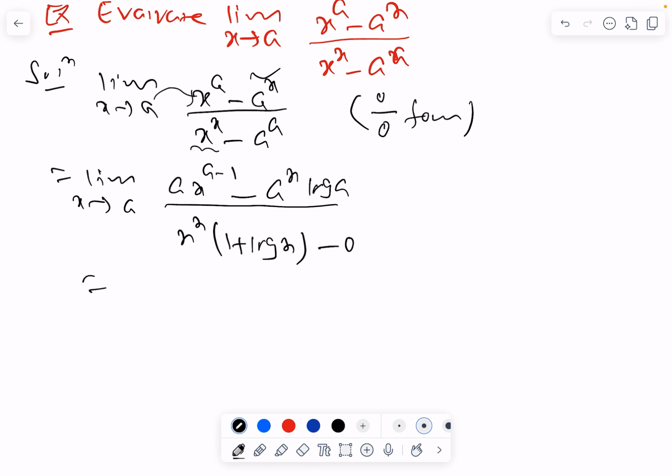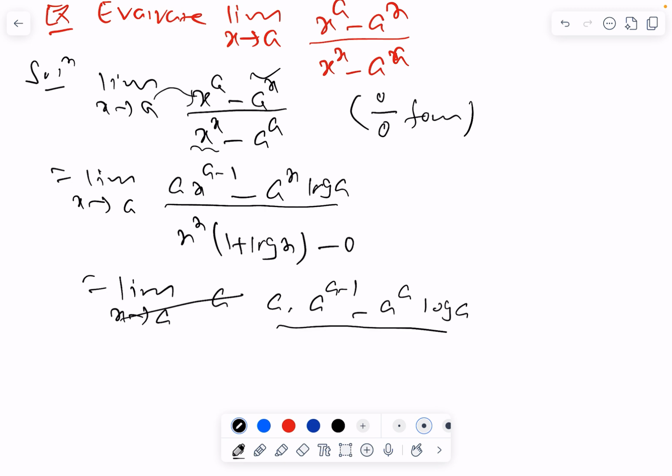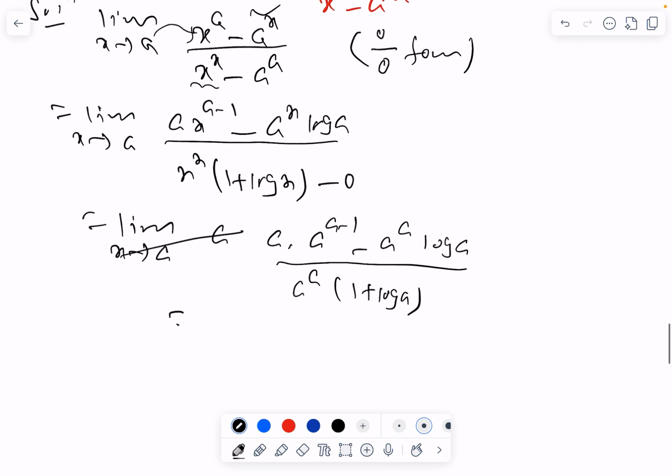So this is nothing but limit x tends to a. Now when x tends to a, this is a into a power a minus 1 minus a power a log a, divided by a power a (1 plus log a).